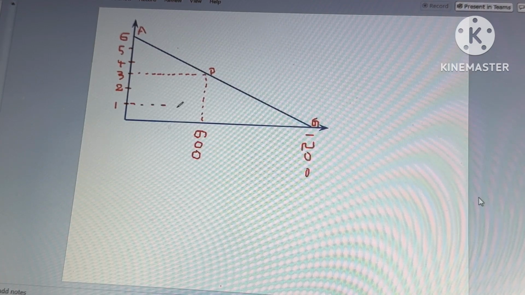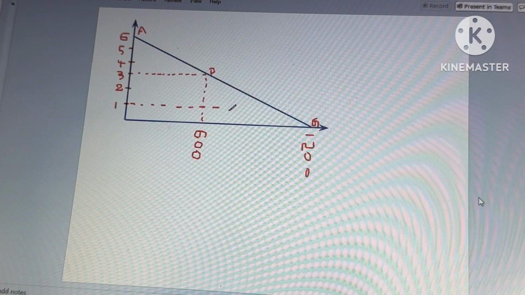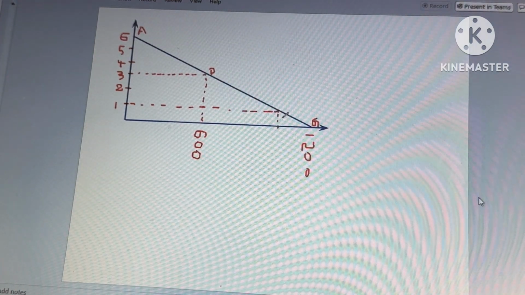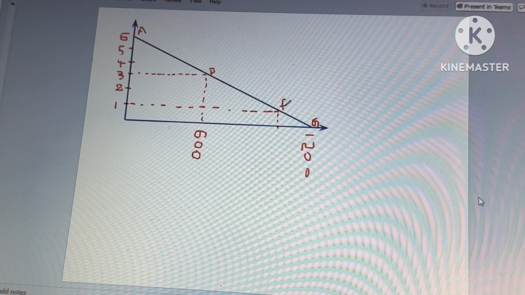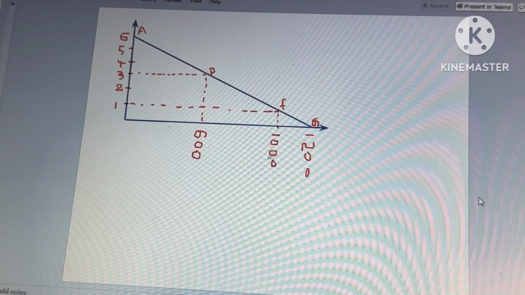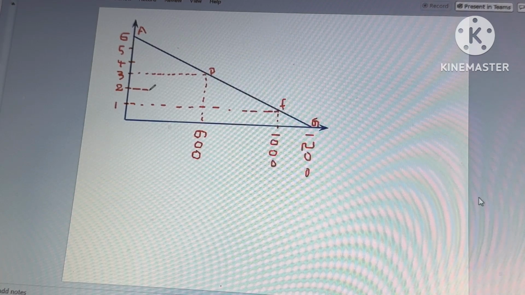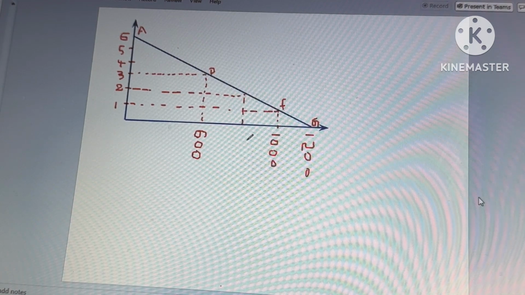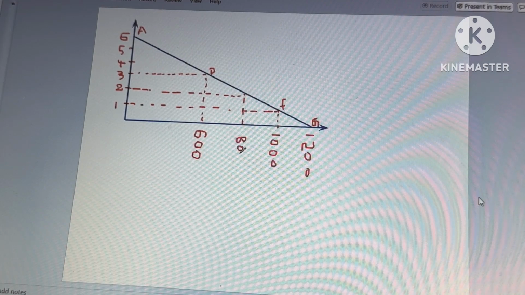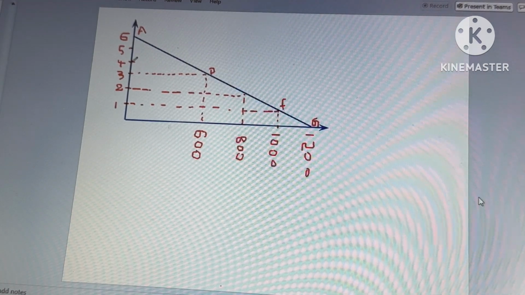At 1, this is point F. Quantity is 1000. At 2, quantity is 800.